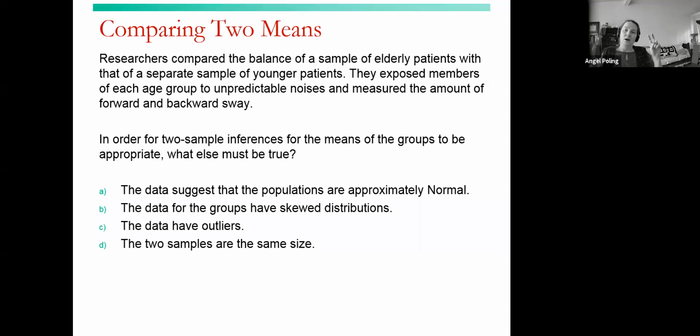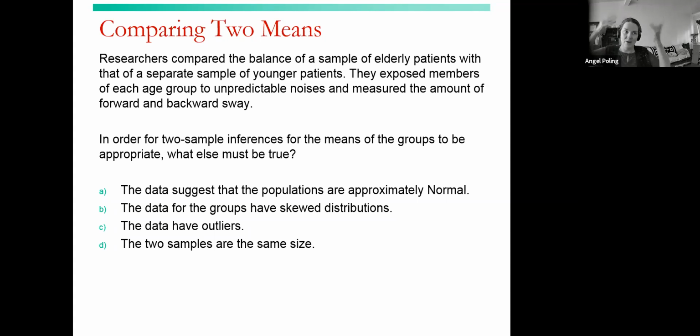And so we often have to plot the data, stick it in a dot plot, a scatter plot, a stem and leaf plot, right? A histogram. We have to visualize the data to answer, is it skewed? Is there an outlier? Because if it's not skewed and there's not an outlier, and it's not like some weird flat thing, right? If it looks approximately normal, we're good to go, right?